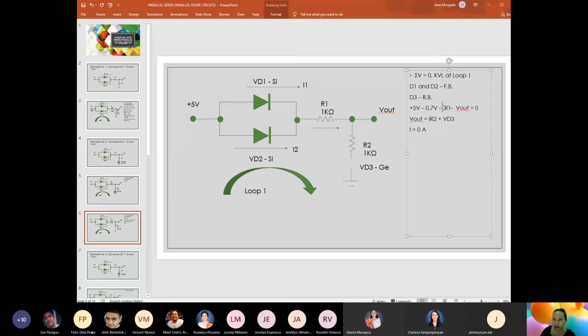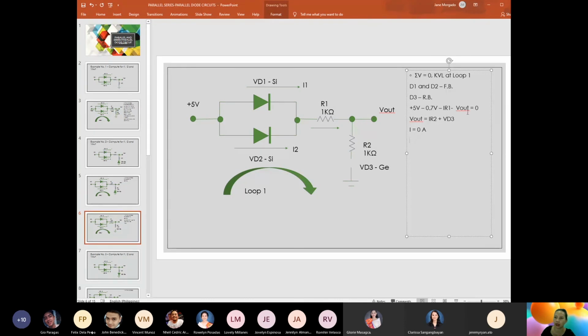If this is 0, dapat may V out ka pa rin dito. Pero ang V out mo is hindi na base dito kasi this is equal to 0. At lalong hindi rin siya base sa VD3 dahil VD3 mo is reverse bias. But you still have V out.